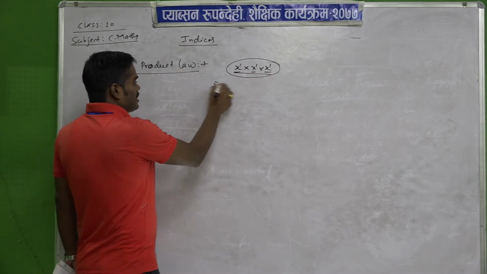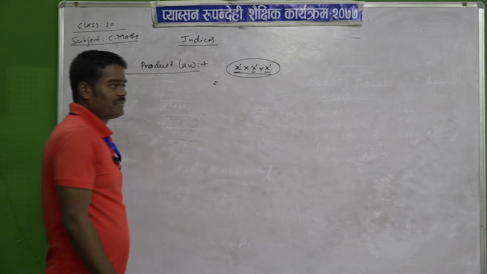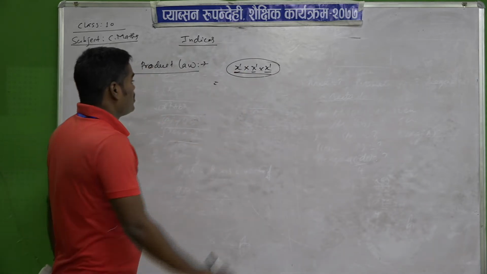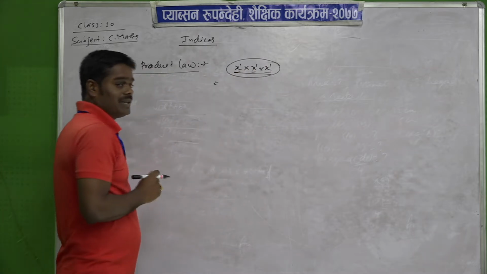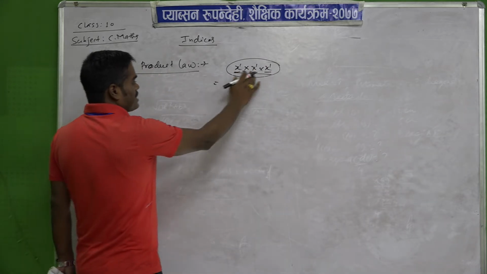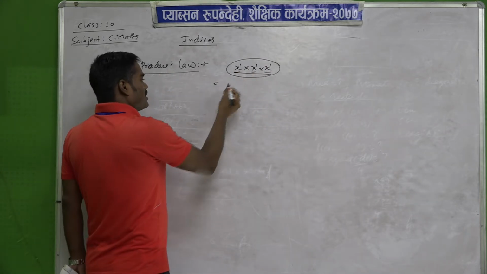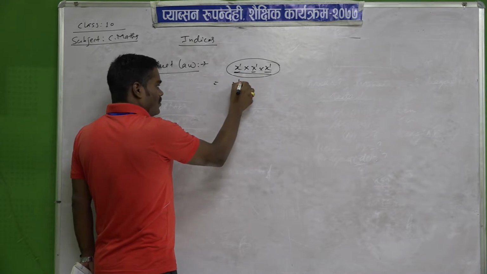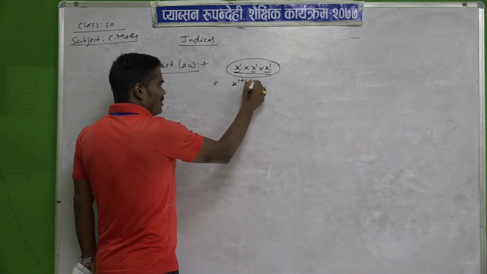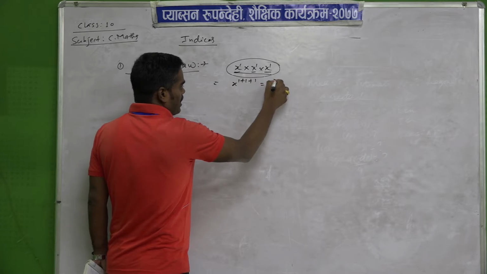Their bases are same and they are in the form of multiply. So, if bases are same, then their powers are added. It means x power 1 plus 1 plus 1, which is x power 3.